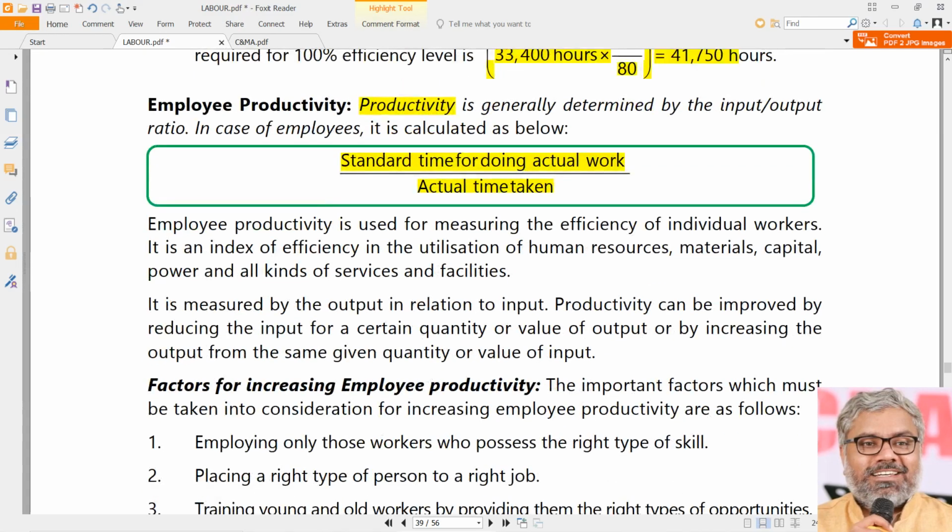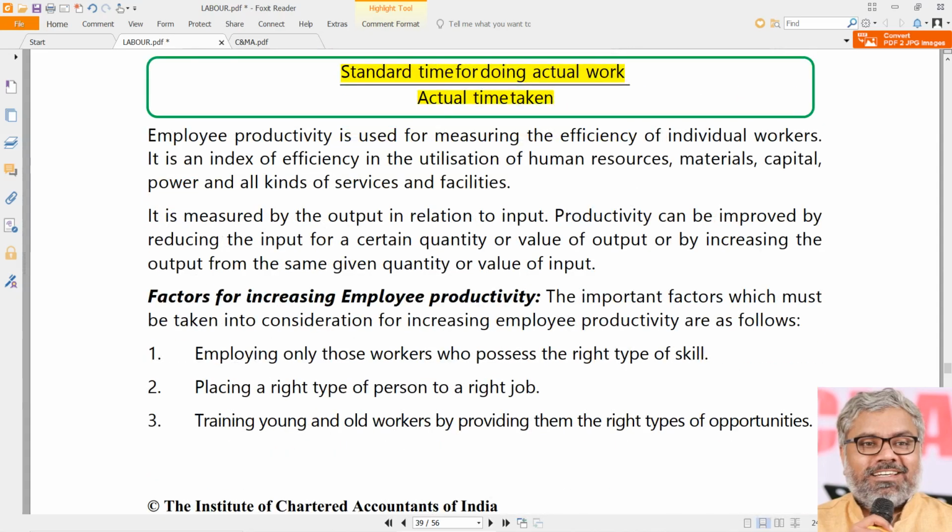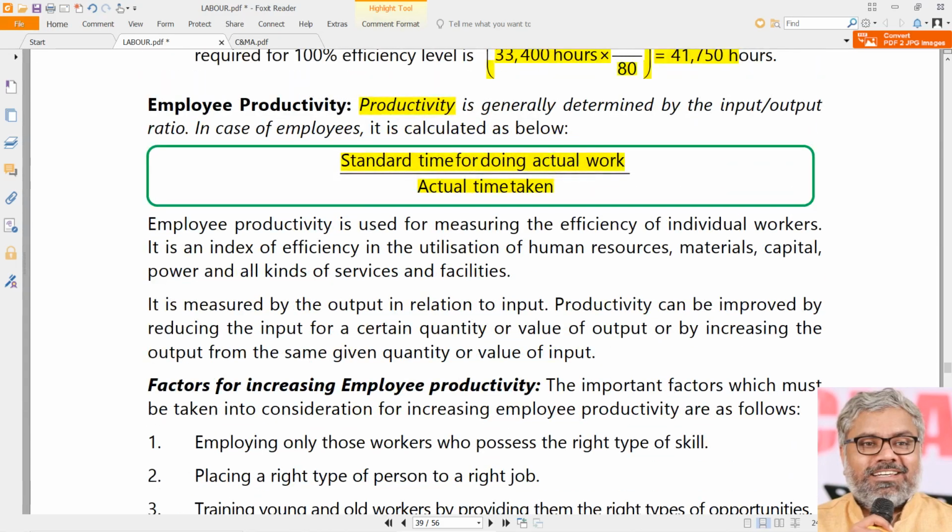Now the standard time required for actual work is what is actually the standard hours. That is what is in the numerator, divided by actual time taken in the denominator. That gives us productivity.